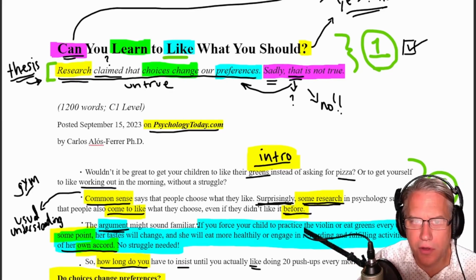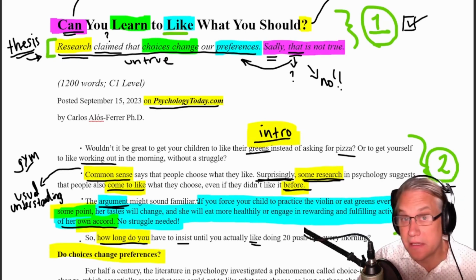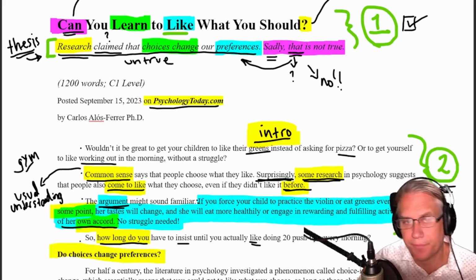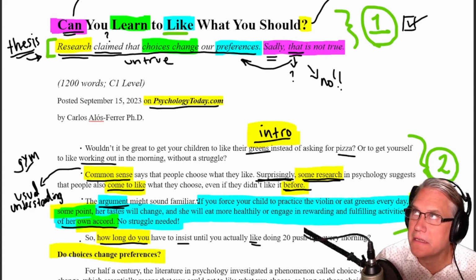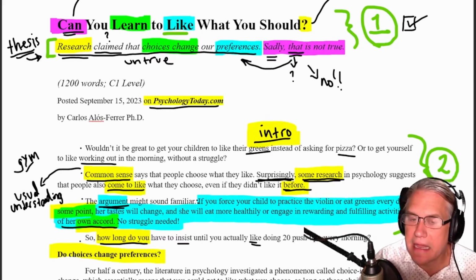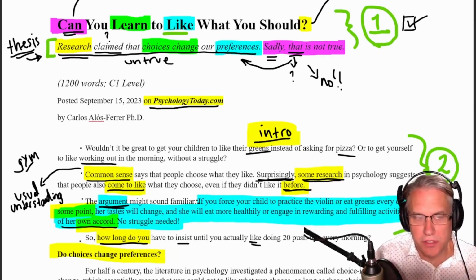The article is structured this way because it begins with a question. The title is a question. And I guess it's setting up a disagreement. The article is disagreeing with previous research.